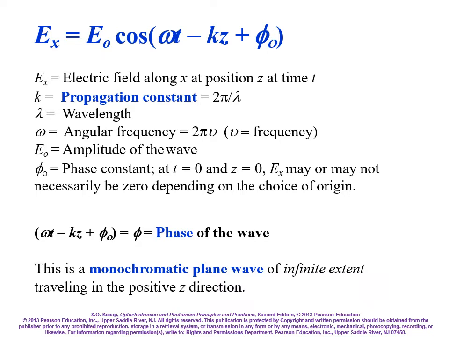Ex may or may not necessarily be 0, depending upon the choice of origin. Finally, ωt − kz + φ0 equals φ, which is the phase of the wave. This is a monochromatic plane wave of infinite extent traveling in the positive z direction.